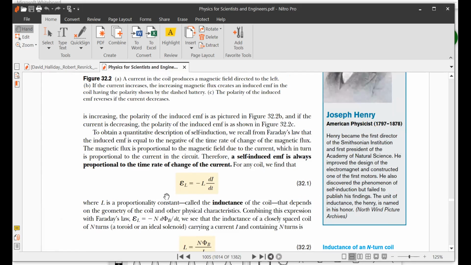Nah, karena L di sini konstan, dan disebut induktansi dari coil atau solenoid.